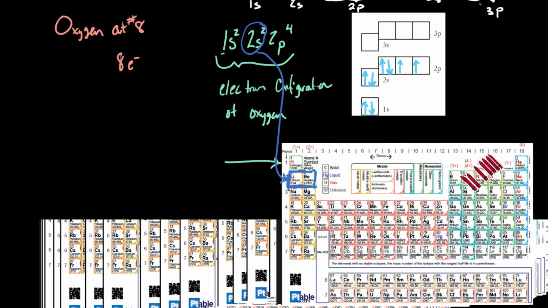Okay, and then to go to oxygen, we have 2p4. 1, 2, 3, 4. There's our 4th electron, right? Notice how many electrons can we fit here in this 2p block? The total we could fit would be how many? 6, right? Look how wide this portion of the periodic table is.